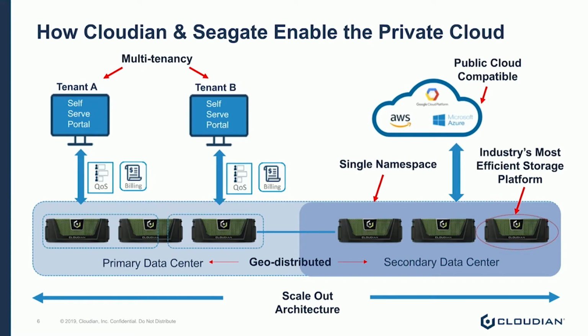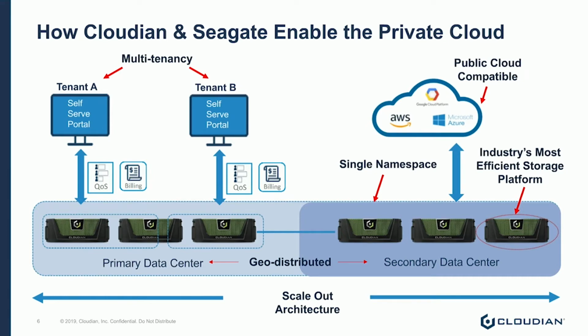Secondly, it's geo-distributed. This can be spread across multiple sites and have everything appear as a single namespace. So you could have storage sitting in Chicago, Los Angeles, and New York, have them all appear in the same namespace, yet have local storage available to users in all of those locations.